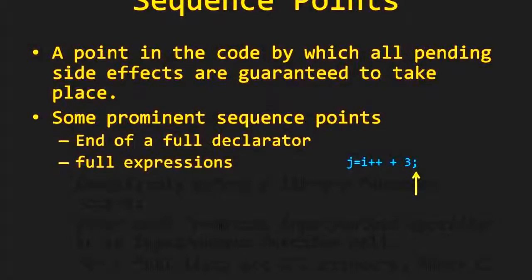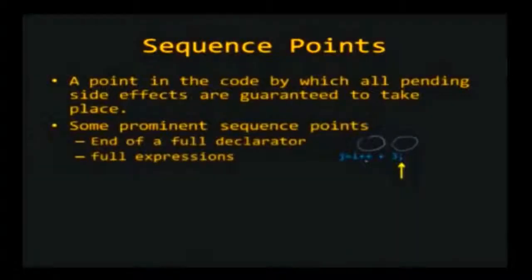After you encounter a full expression, any pending side effects, and this is a pending side effect, will be updated. Only at that point does the C standard say that by now you should have updated the I plus plus operation. Before that the compiler is free to do what it wants; it may or may not update it.